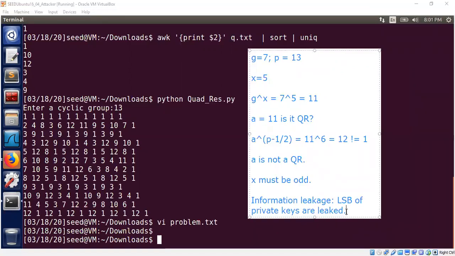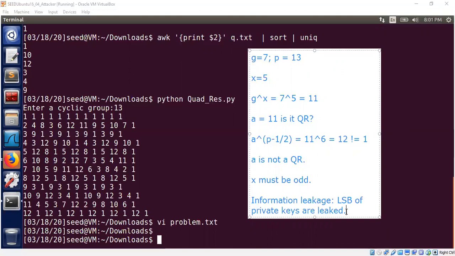I'm checking whether G power X is a square number or not. If it is a square number, I know X is even. If it is not, X has to be odd. So that's the main point of using this quadratic residue technique to figure out the least significant bit.